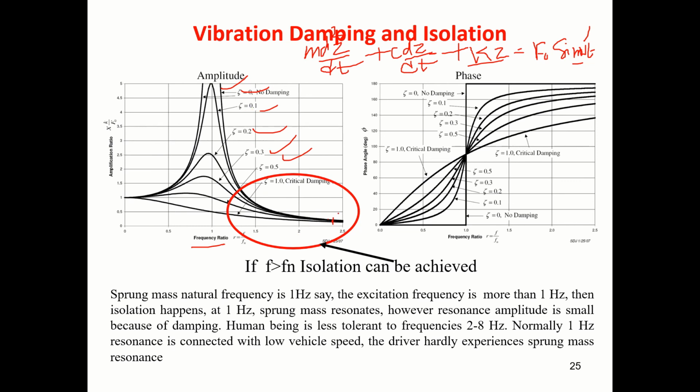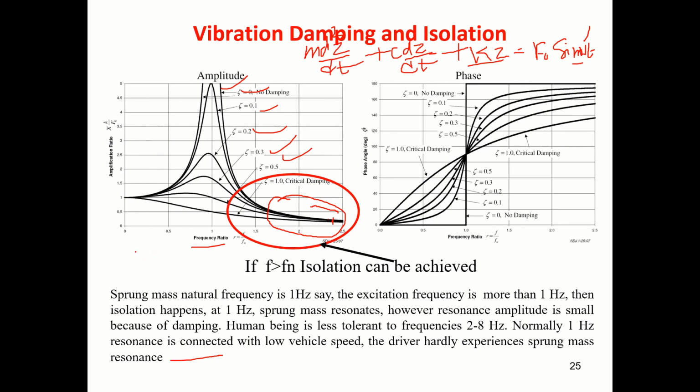This is what you can call the isolation region. Here, it starts becoming closer to the isolation region. In the same way I can write phase angle versus frequency ratio also. So you can see, with sprung mass natural frequency 1 Hz, say the excitation frequency is more than 1 Hz, then isolation happens. In cars also, that's exactly what I said.